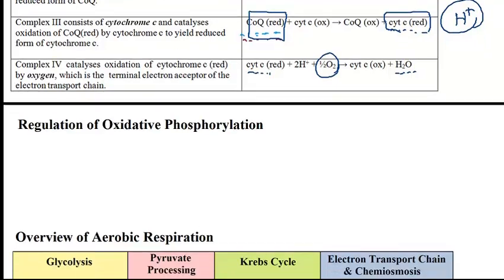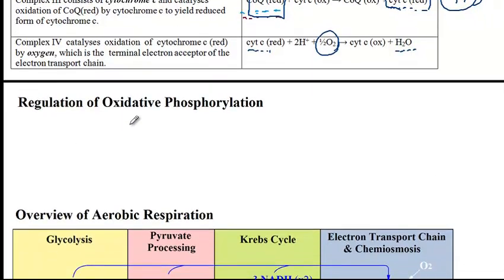Next, I'd like to review the regulation of oxidative phosphorylation, and then finally, an overview of aerobic respiration will help us conclude the aerobic respiration. So for the regulation of oxidative phosphorylation, again, what molecules will enhance oxidative phosphorylation? And it's easy to know because ADP means that we don't have enough energy.